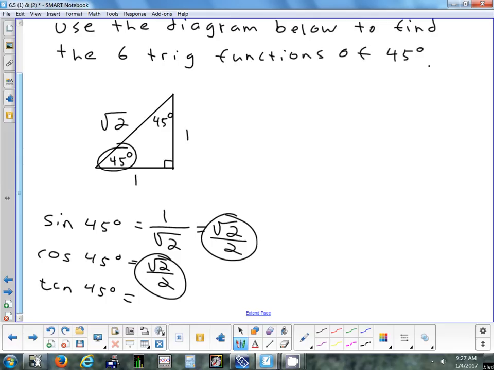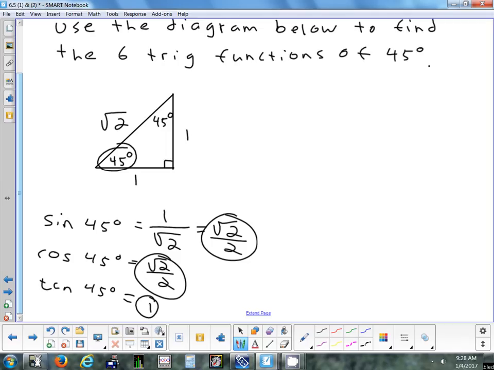What's the denominator for tangent? It's the, what side? Adjacent. Okay, tangent always has adjacent in the denominator. So opposite is 1, adjacent is 1. So the tangent is 1. So tangent of 45 comes out to a very nice number.